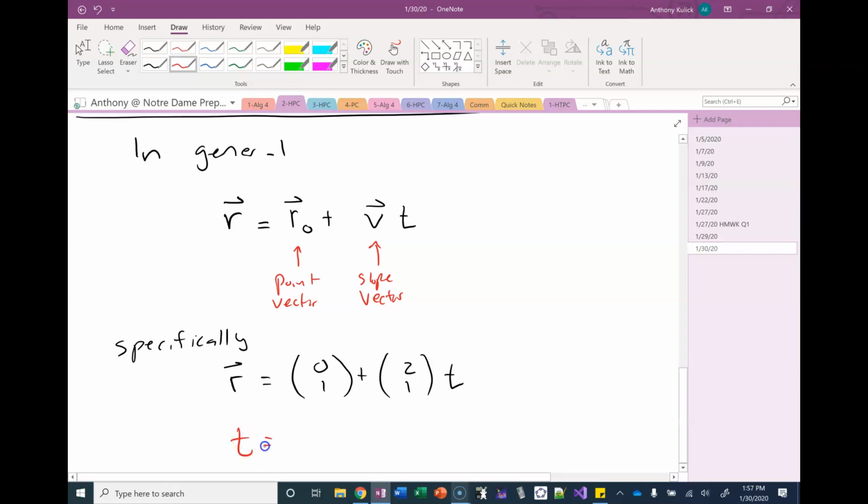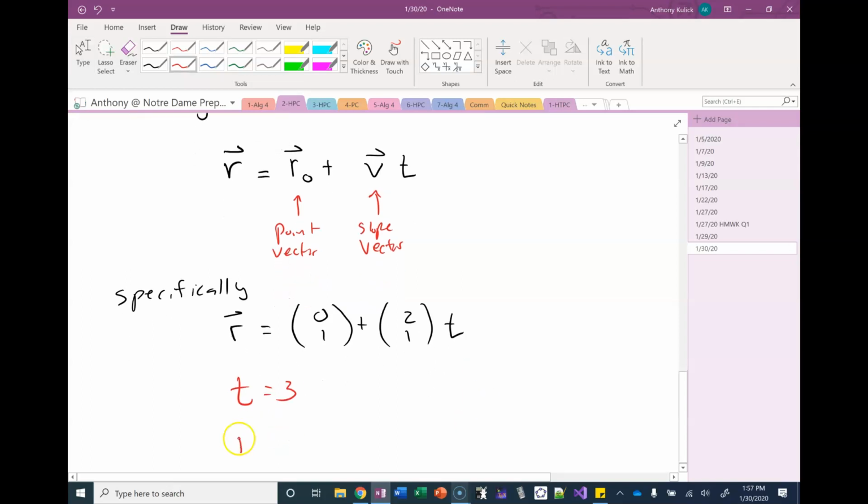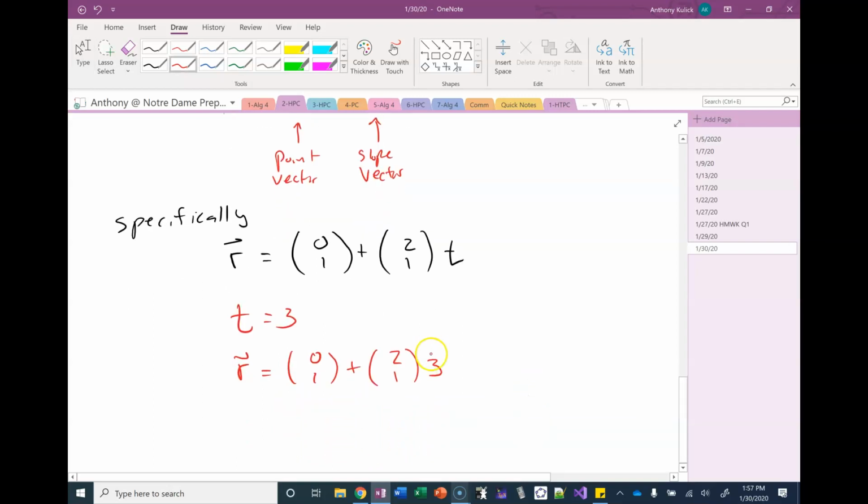So if I pick a value for t, let's pick a value for t. 3. Great. So if we do that, what sort of multiplication is going on here between this number 3 and the vector? That's called scalar multiplication. How do we do scalar multiplication? We just multiply the scalar to both components.